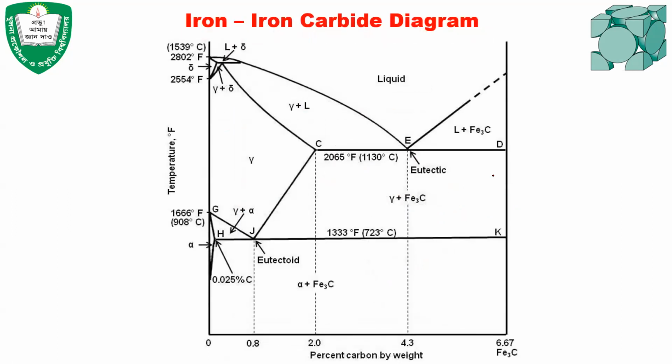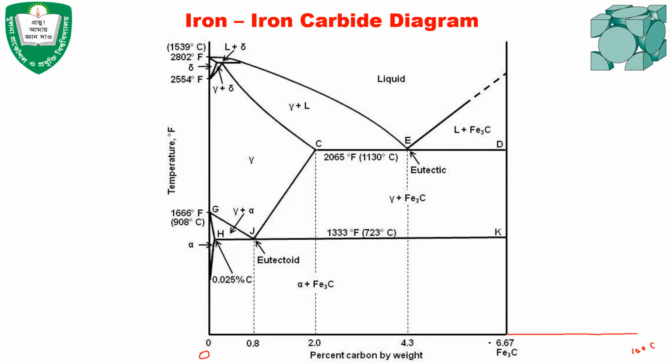All right. So this is our iron carbide diagram, which is basically a diagram of iron and carbon. At this region, it is 100% iron, that means pure iron. And on the other side, it was supposed to be 100% carbon. But most of the iron material that is available, like steel or cast iron, falls below Fe3C, that means less than 6.67%.